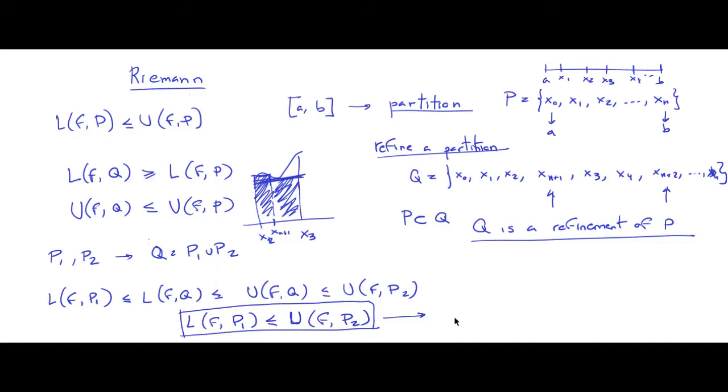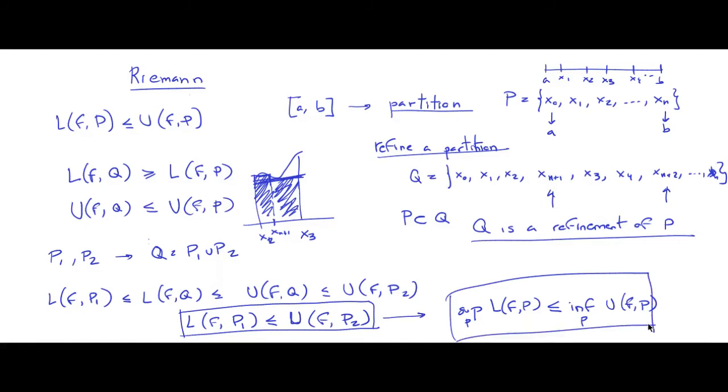And this is summarized like this: the supremum of the lower sums for all partitions is going to be smaller or equal than the infimum of the upper sums for all partitions, okay? This is what this implies, right? So for any partition that we make, the greatest lower sum among all of them is going to be smaller or equal than the smallest upper sum that we choose, okay?